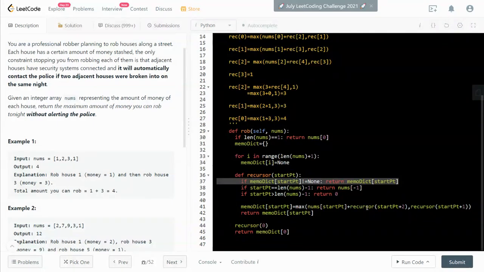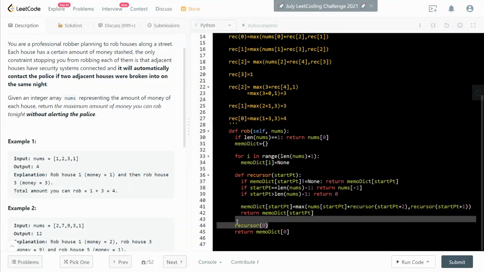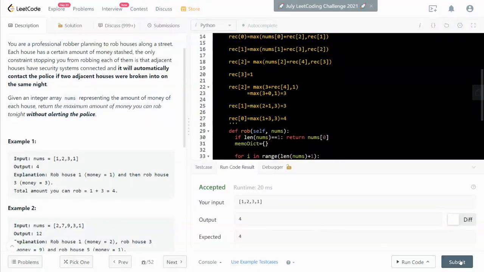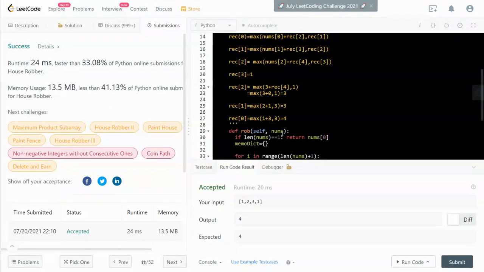And then this is the same as what we talked about before. Instead of just returning, in addition to the returning, we also store the result in the dictionary, and we return at the end. And then we have a trigger at 0, which triggers the whole thing running. Because we are standing at the index 0 to look at the problem, that's why we return the memo dict at 0. And this runs successfully, as you can see.